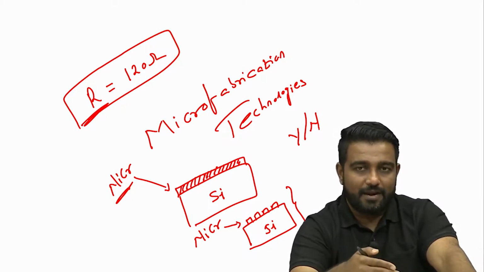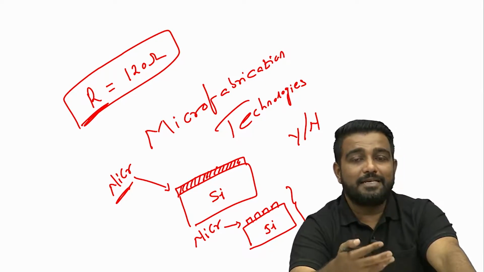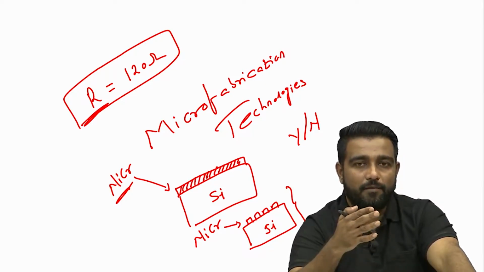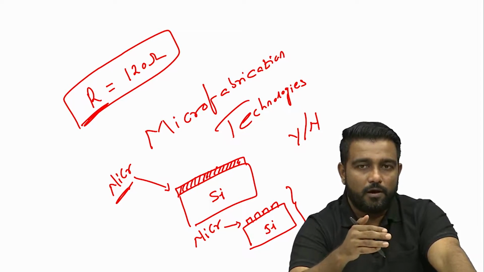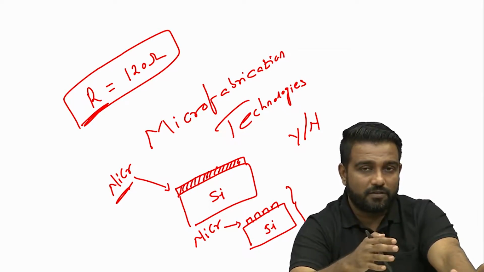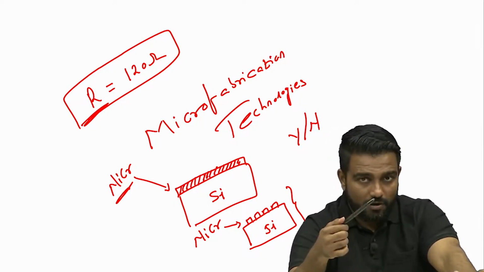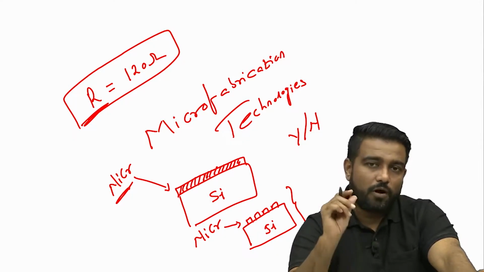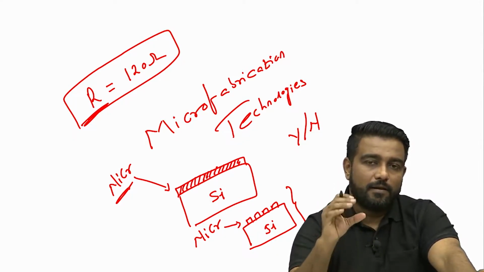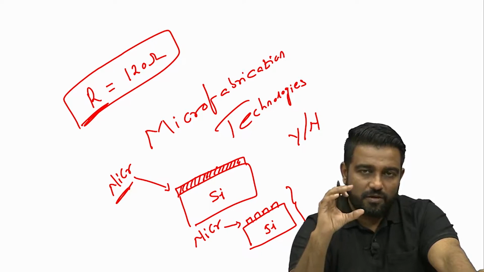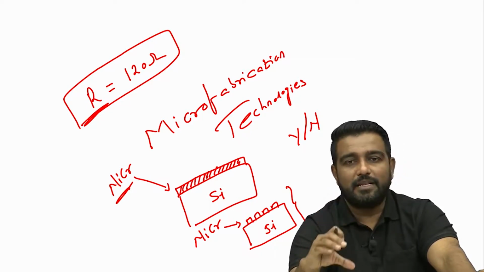I cannot directly deposit metal on a semiconductor, otherwise I cannot have the parameters and the working of the heater in the same manner that I have decided. So, what I will do? I will grow an insulating layer as a sandwich between my metal and the silicon wafer.